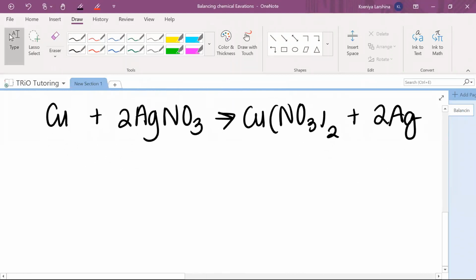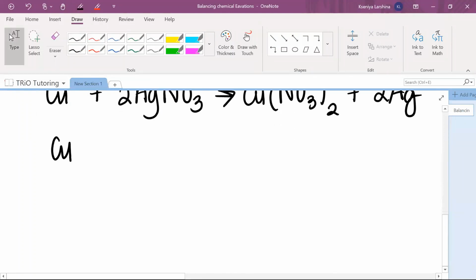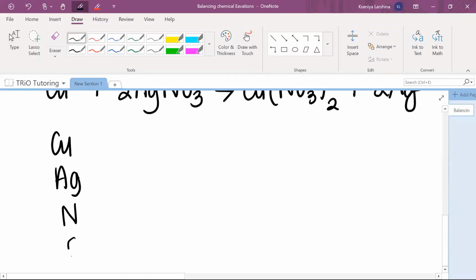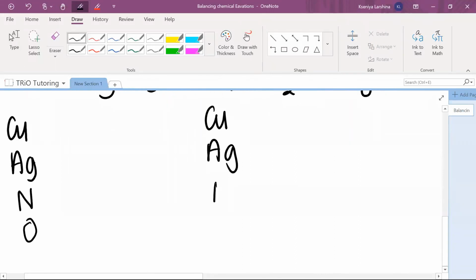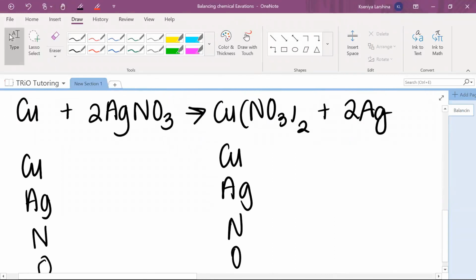The same still holds as the previous. So you have your copper, your silver, your nitrogen, and oxygen. Your copper, silver, nitrogen, and oxygen.